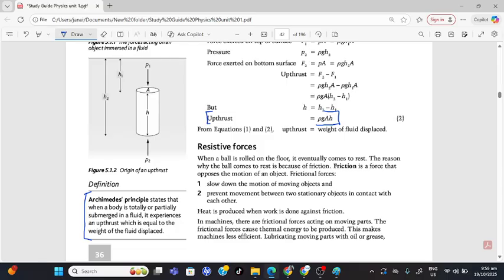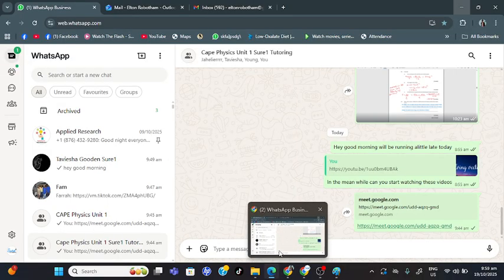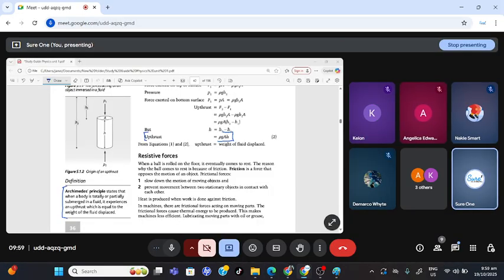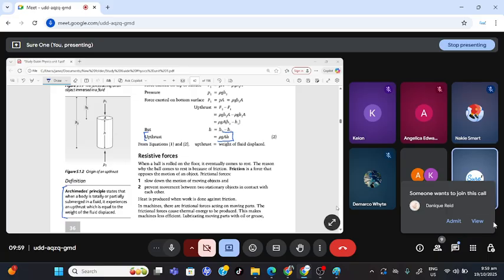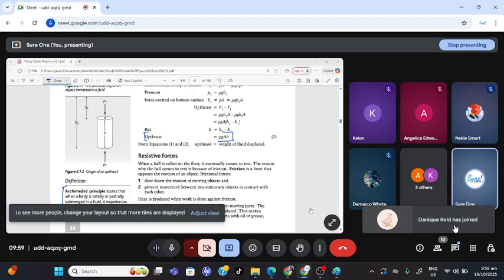Let me know when you finish. Give me a thumbs up when you're finished making a note of what Archimedes' principle is, as well as that equation.